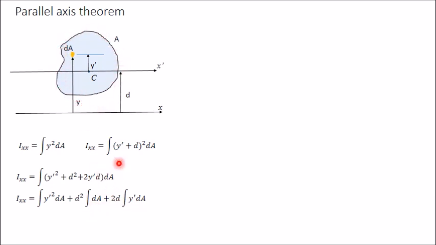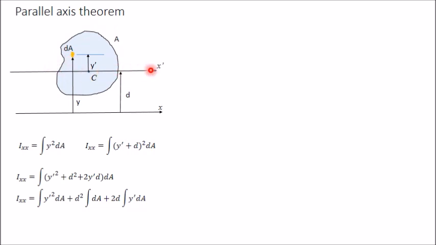Now 2d is the distance. Okay, integration of y dash into dA, that is small area and its distance. This is first moment. Now we know that first moment with respect to any centroidal axis is 0, because this is calculated using formula A, this entire area, into distance of this entire area from this axis.